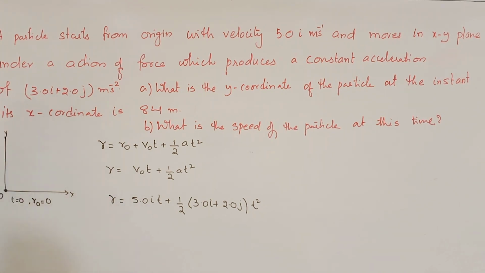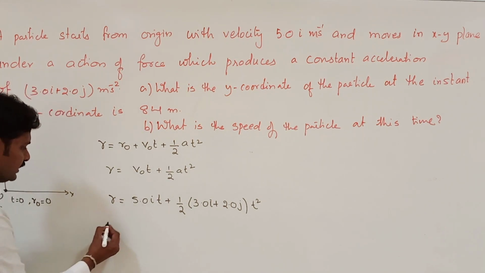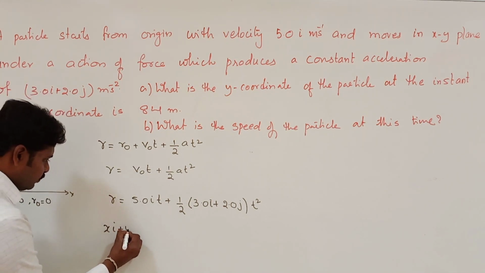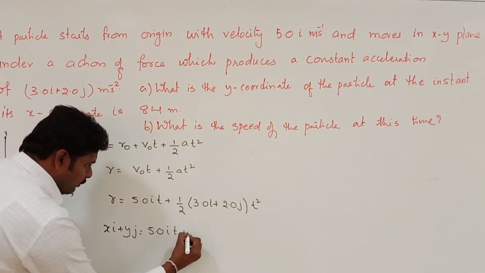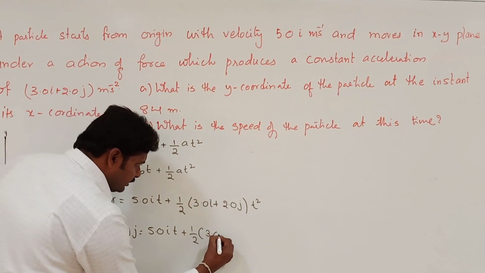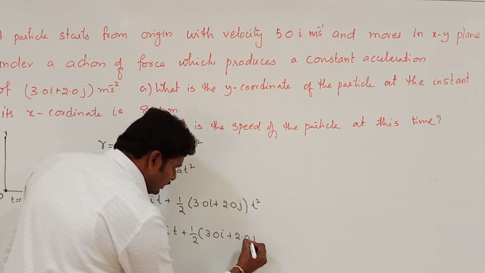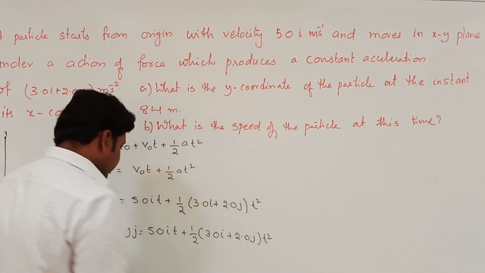Now, what is asked? What is the y coordinate of the particle? Here, R is equal to xi plus yj is equal to 5.0 i t plus half into (3.0 i plus 2.0 j) t square.